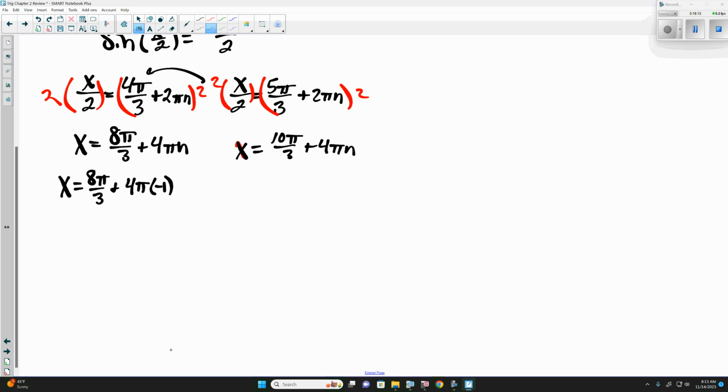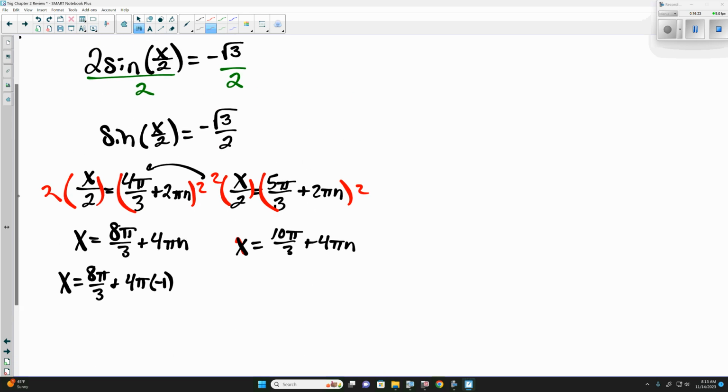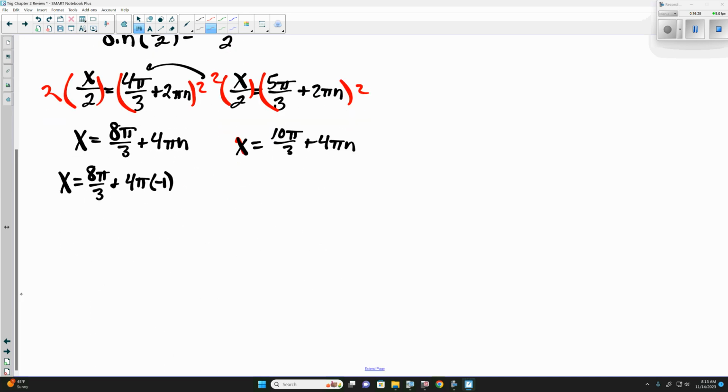Didn't even dawn on me that 8 pi over 3 is definitely outside. 10 pi over 3 is outside. Doesn't look like there's any value between 0 and 2 pi that works. So we'll leave it as this here. That's funny. That was 30, yes? Error on 30.